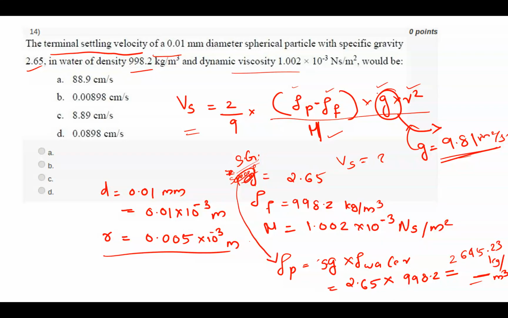Then this G is for acceleration due to gravity. Got it?